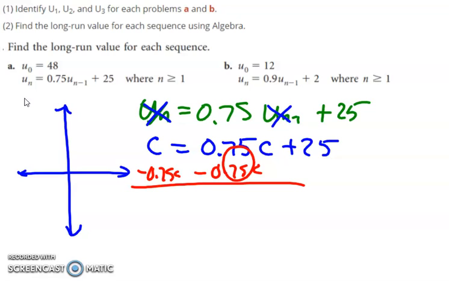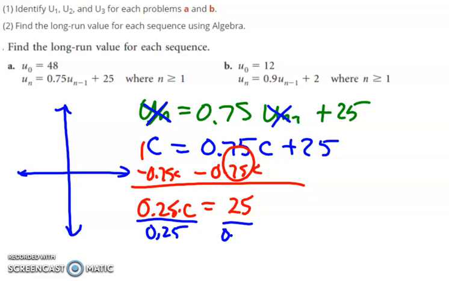You get the C terms on the same side, so it's like taking $1, taking away 75 cents. So we have 0.25 C equals 25. And then we have a multiplication problem, so we're going to divide both sides by 0.25. So C is approaching 100, or the limit, the long run value, is approaching 100.